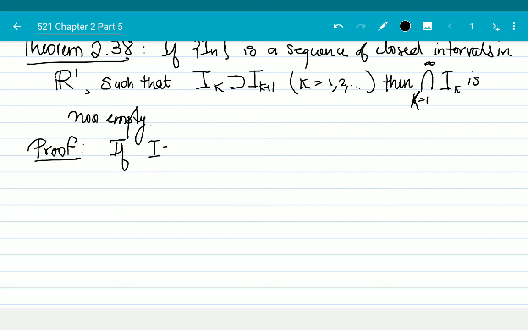If I_n is equal to [a_n, b_n], let E be the set of all a_n.